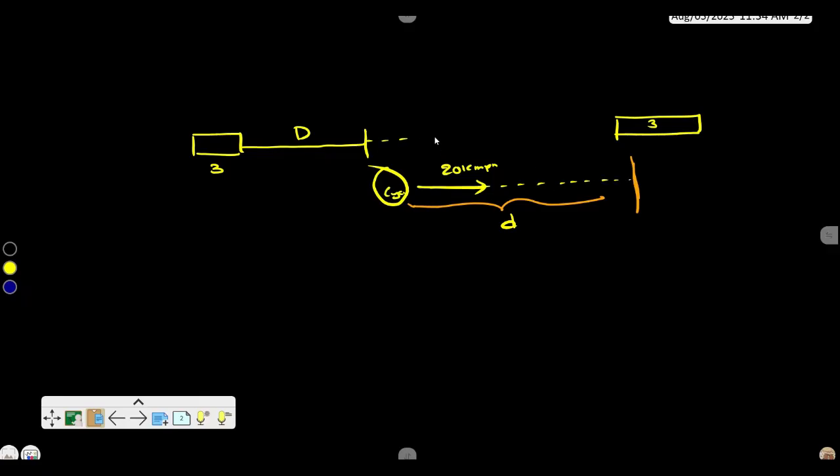So, how much is the distance traveled by the bus? Distance traveled by the bus is D plus capital D. Distance traveled by the cyclist is small d. The bus has to cross him, and in that time the cyclist is also moving.